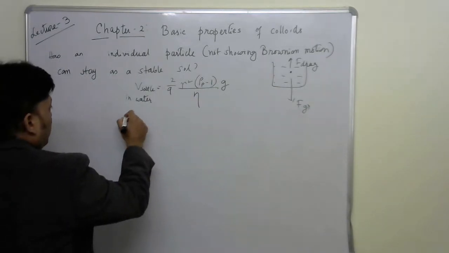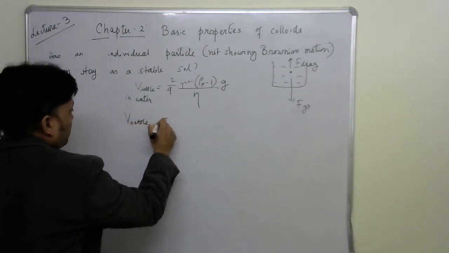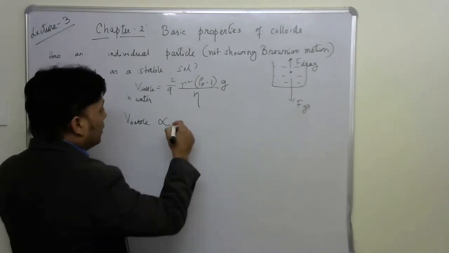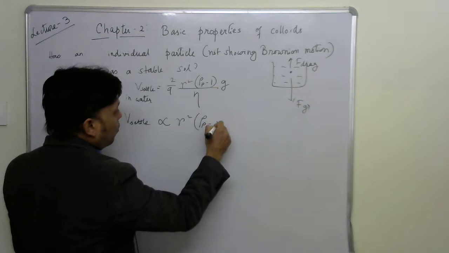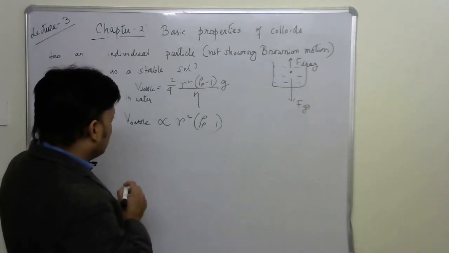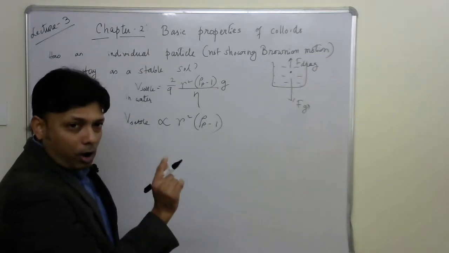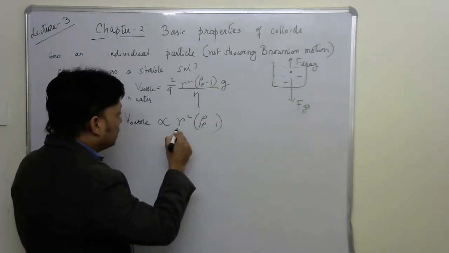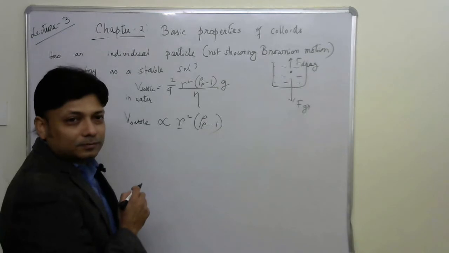So in water the settlement velocity is proportional to, if we leave the constants out, r square multiplied by rho minus 1. So this tells me that the settlement velocity of any individual particle in a fixed medium like water is dependent on the radius and on the density.